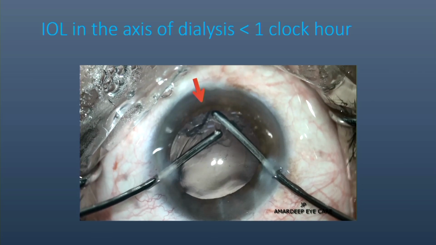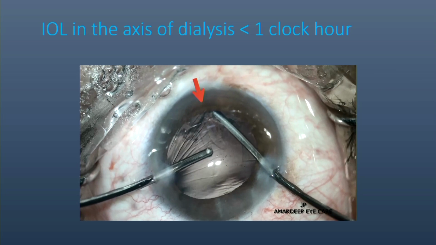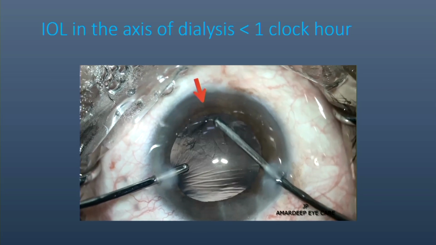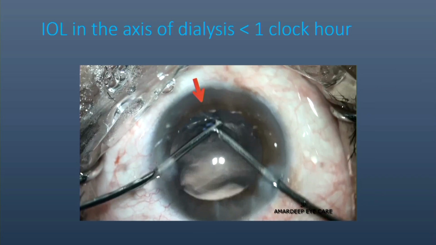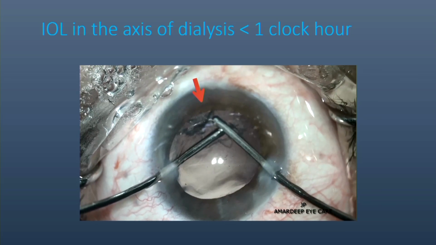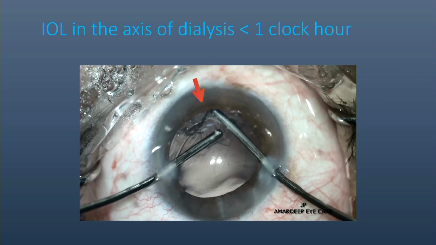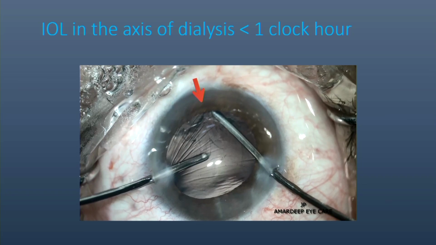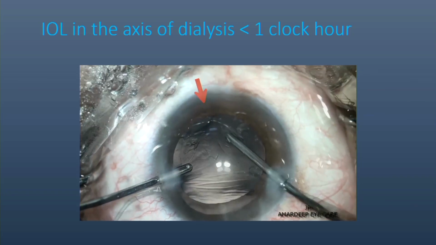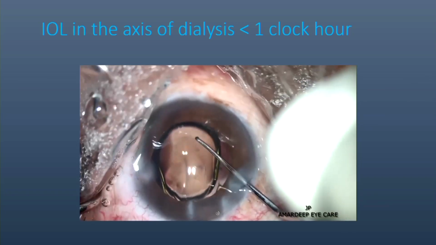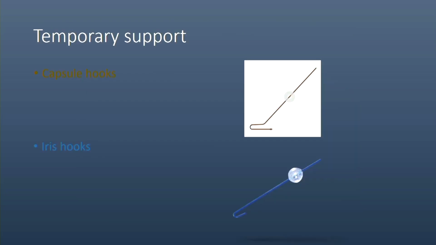But I generally prefer to implant a CTR even if the zonular dialysis is small. So you can see that is a replay, and all these videos are running at 160% speed. So you go in there and implant a lens into the bag in the same axis.